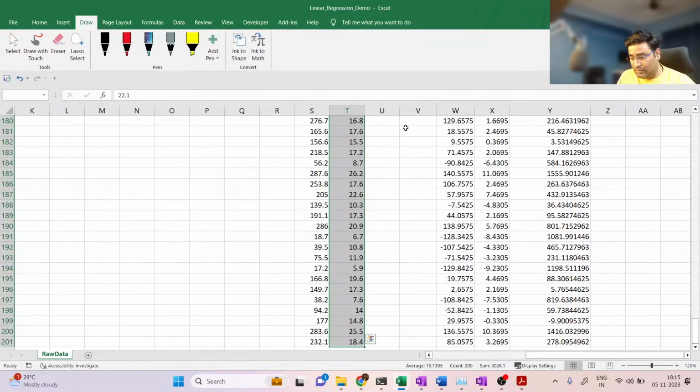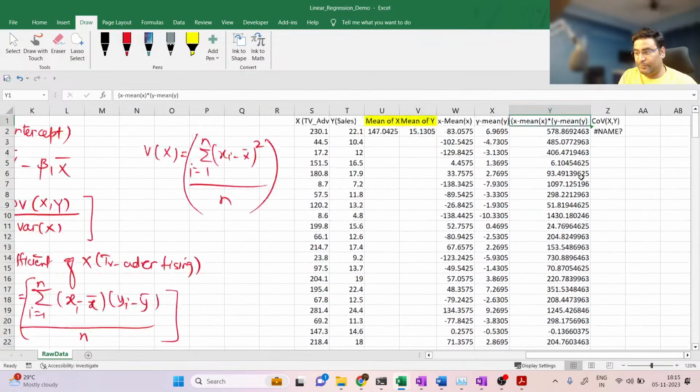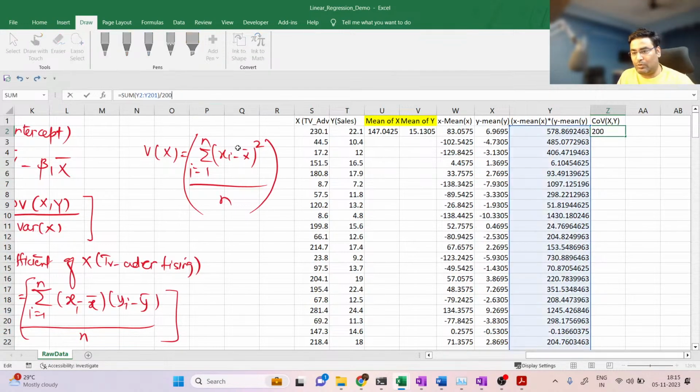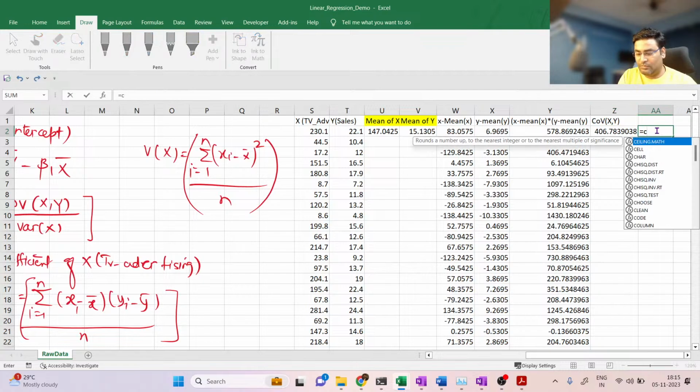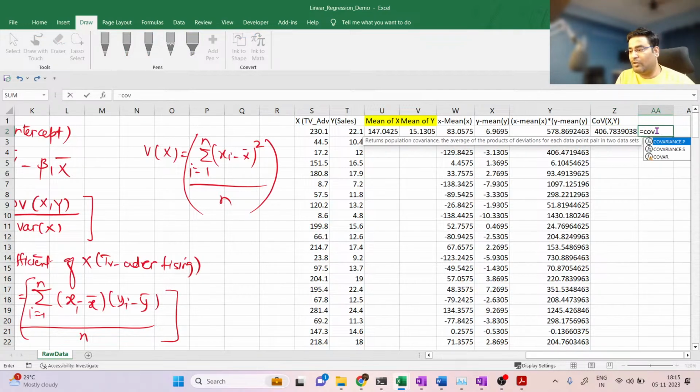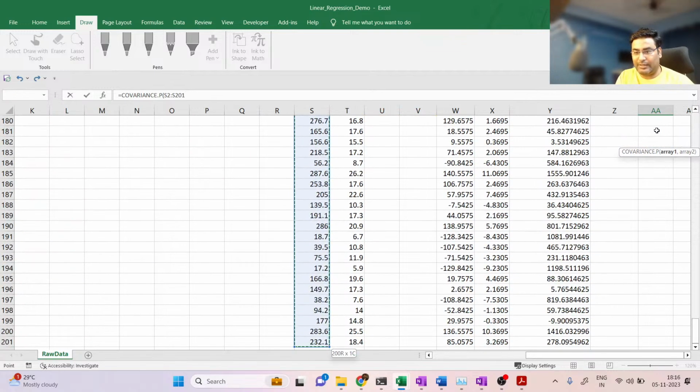How many are there? 200. So you have to divide by 200. That becomes your covariance, guys. Perfect. You can also find covariance like this. And let's see if we are correct or not.